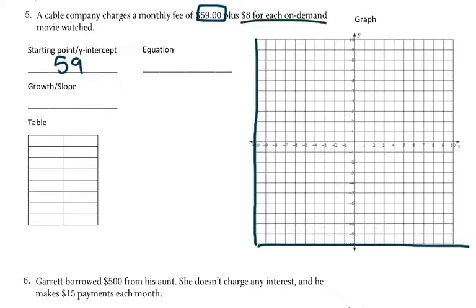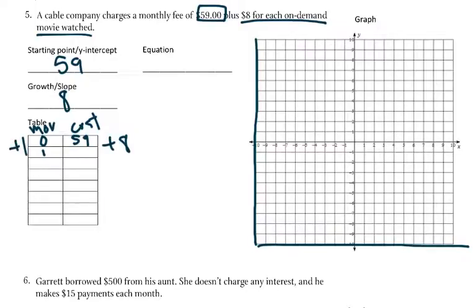Well, it's 8 for each on-demand movie watched. So we're going to grow by $8, depending on how many movies we watch. That's going to tell us the cost. So our starting number before we watch any on-demand movies is 59, right?